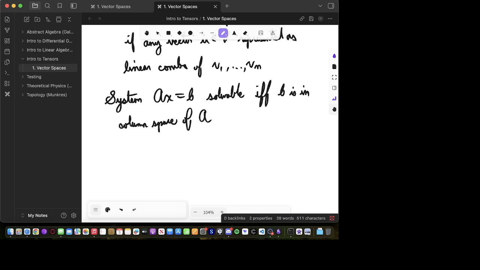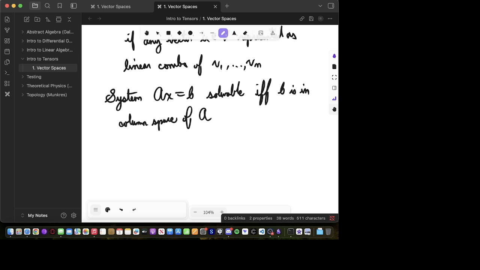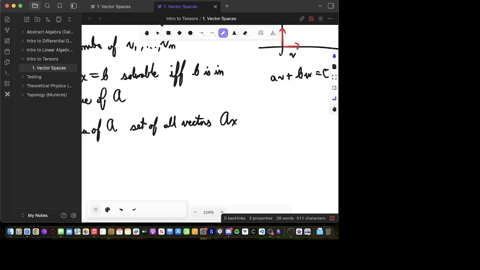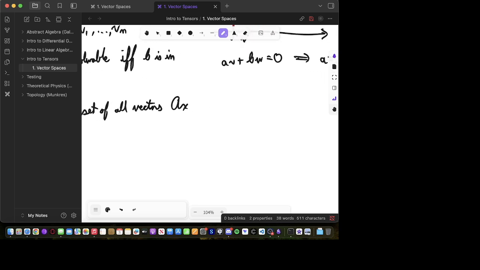First, a bit of a remark. I'm going to go through the proof very quickly. I'm just going to assume that there's some familiarity with matrices. We can say that the column space of A is the set of all vectors AX, where A and X have appropriate dimensions.